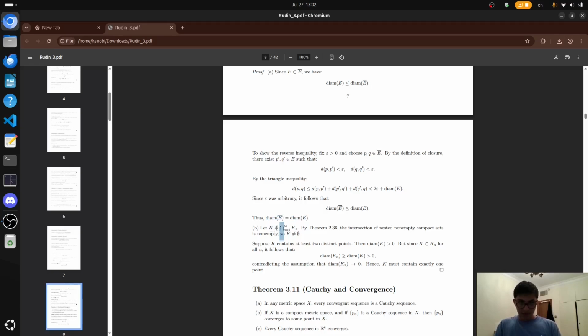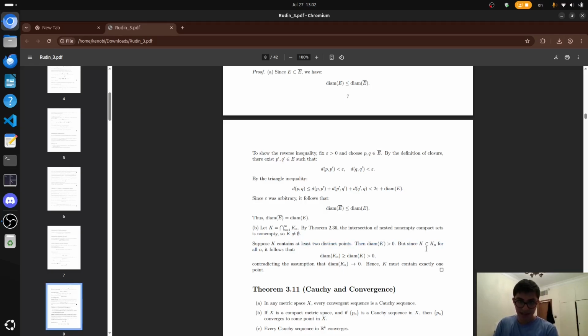Now, for the second proof, let K equal the infinite intersection of K_n. By theorem 2.36, the intersection of nested non-empty compact sets is non-empty. That's what we saw in chapter 2, right? So K is not empty. Suppose K contains at least two distinct points, then the diameter of K is greater than 0.